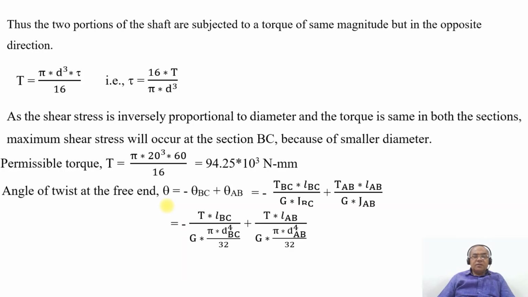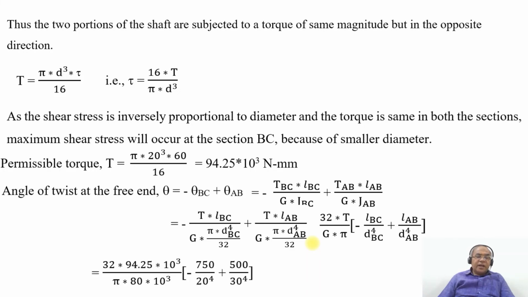That means the diameter of BC and the diameter of AB. So when you substitute these values, that is equal to 32 into T by G into pi, into the bracket: minus length of BC by D to the power of 4 BC plus length of AB divided by D to the power of 4 AB. Close the bracket.